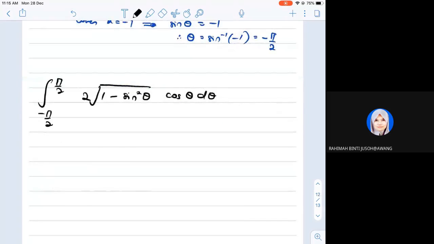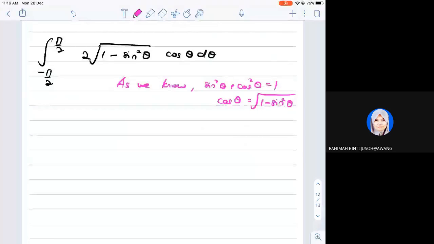So right now what you have to do, okay, as we know, sine squared theta plus cos squared theta is equals to 1. Therefore, cos theta is equals to square root of 1 minus sine squared theta lah. Okay. So it becomes negative pi over 2 until pi over 2 to, okay, 1 minus, ni jadi cos theta d theta.